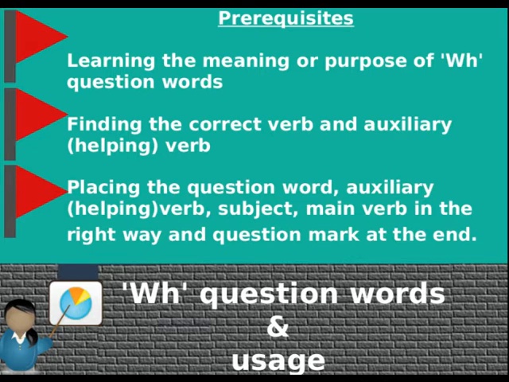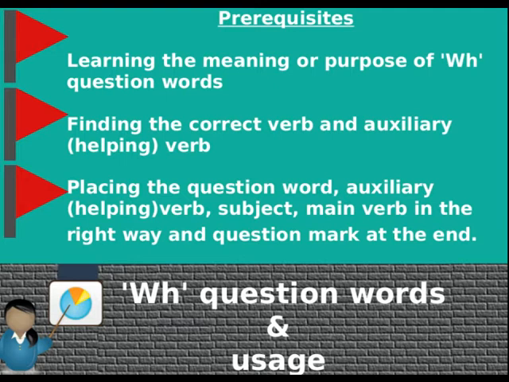Now, the third requirement is you should be able to place the question word, auxiliary verb, then the subject and main verb in the right manner. The right question word should be selected, the right auxiliary should be found out, and the right subject and also the main verb. You shouldn't get confused with the non-finite verbs. Then you have to place the question mark at the end.